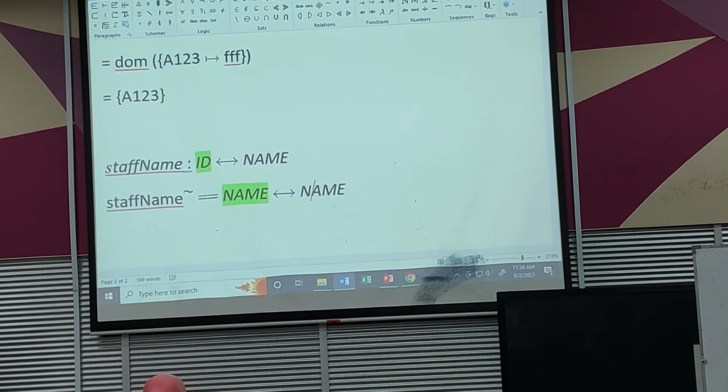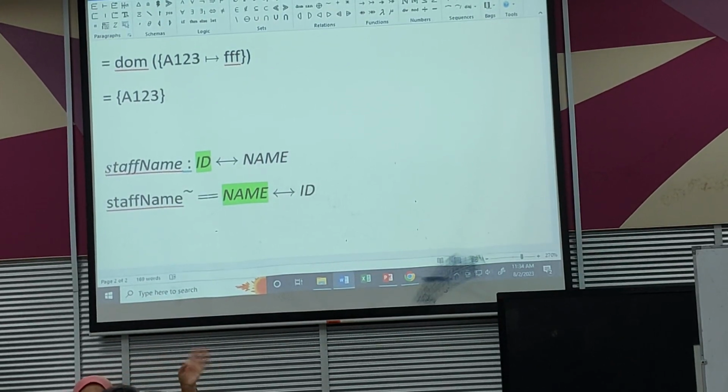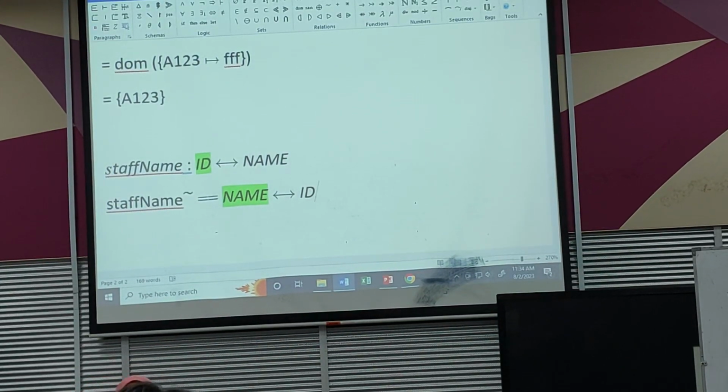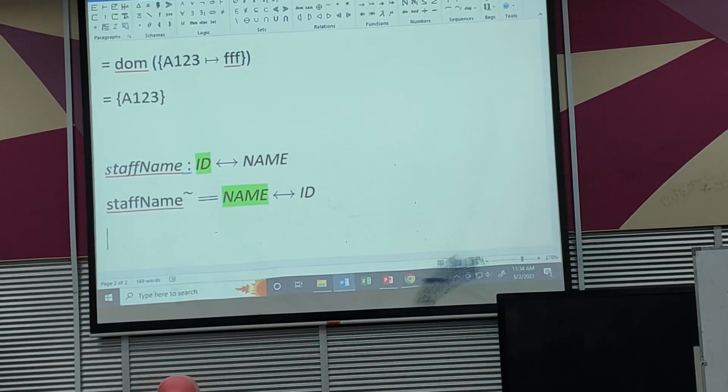This one becomes ID already when you do inverse. So it's swap. Domain becomes range, range becomes domain. So when you want to search, then you can do this one.